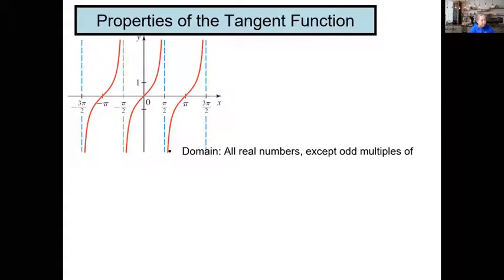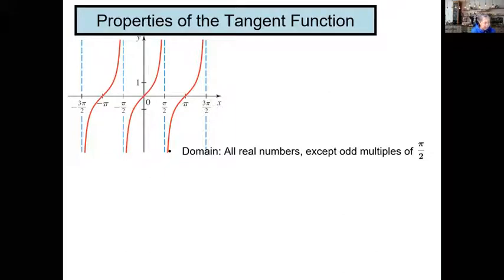As you see, technically the domain could go from negative infinity to positive infinity, but because of the asymptotes happening periodically, we have discontinuity going on.